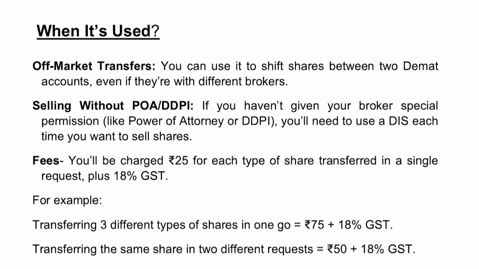For example, suppose you are transferring 3 different types of shares in one go, your total charges will be rupees 75 plus 18% GST. Suppose you are transferring the same share in 2 different requests, in such a case also your charges will be equivalent to 50 rupees plus 18% GST.